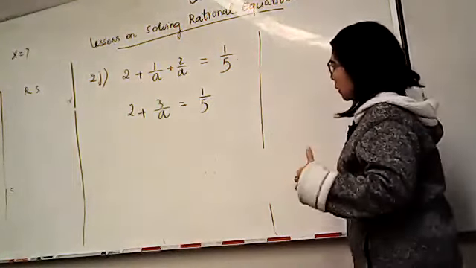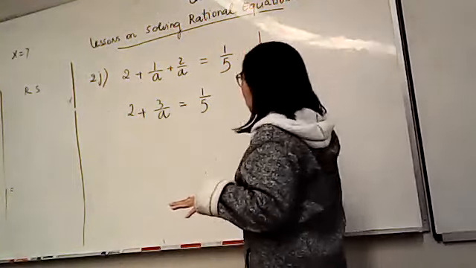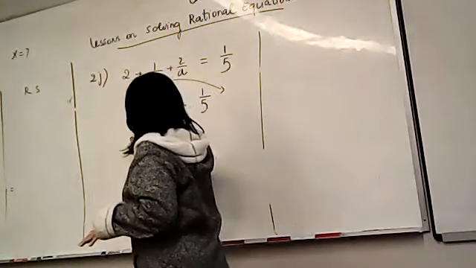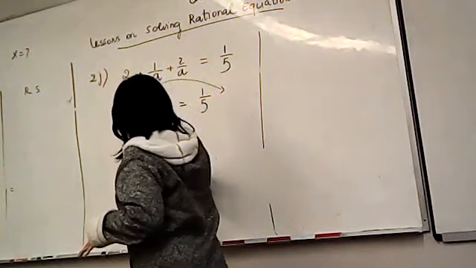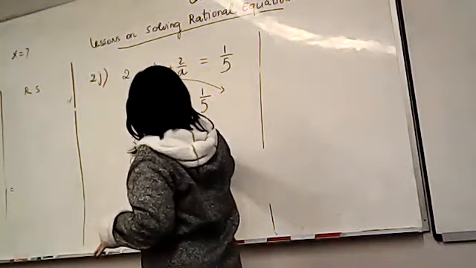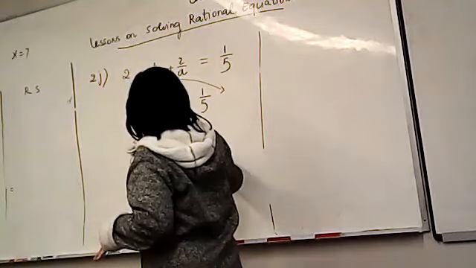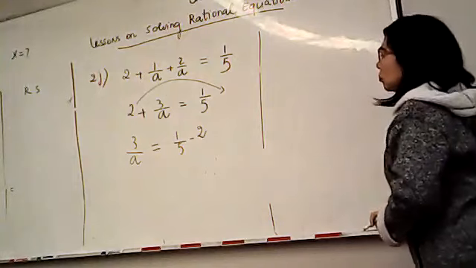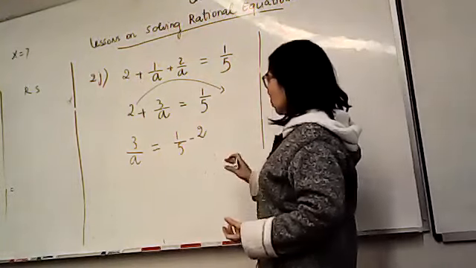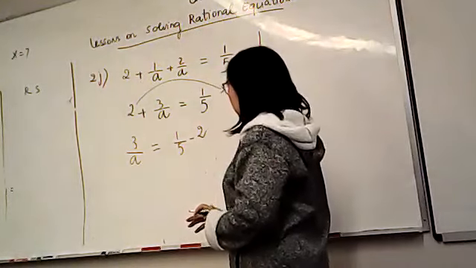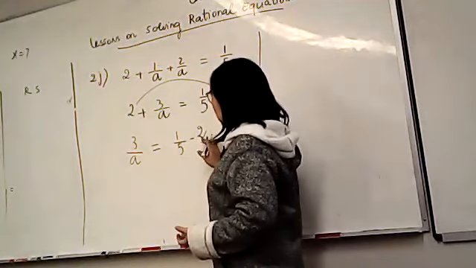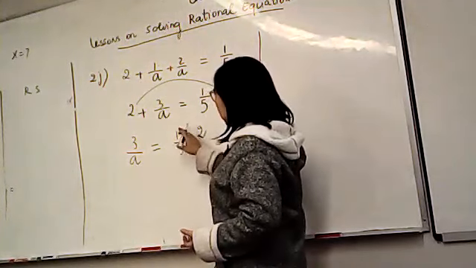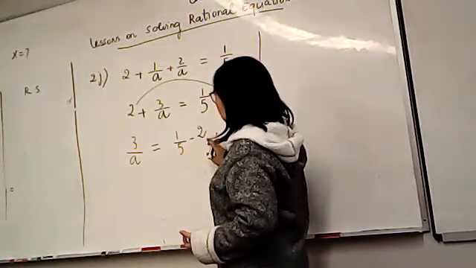So what do we do at this point? Move the 2. Thank you. Move the 2. So we have 3 over A equals 1 over 5 minus 2. Now, what should we do next? We shouldn't divide. What should we do? Why don't we simplify this into one number? This is a fraction, and this is a whole number, right?